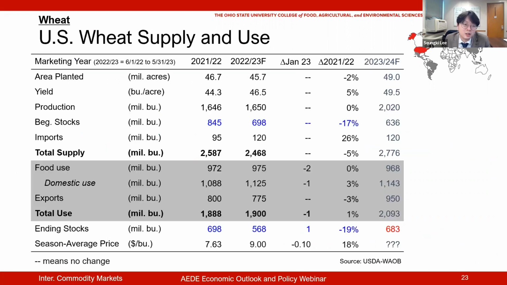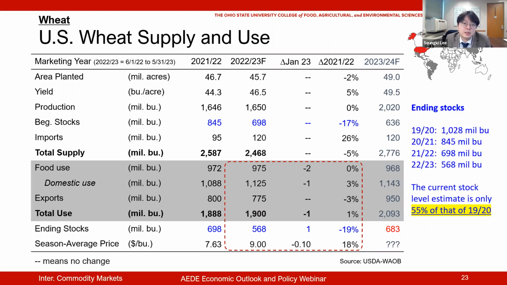But when I checked the wheat balance sheet here, the main thing I want to highlight is that we are expecting somewhat decreased exports, and the wheat supply is estimated to be decreased a lot compared to last year, while the total demand is estimated to be about the same, increased by 1%. And the main reason for this balance is the ending stocks.